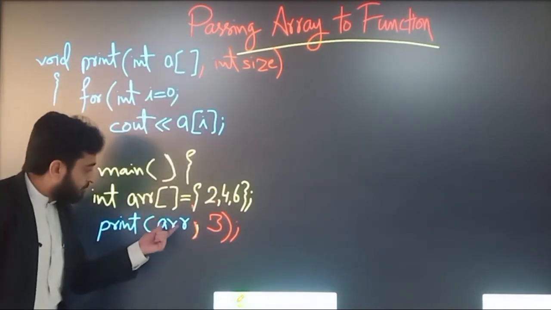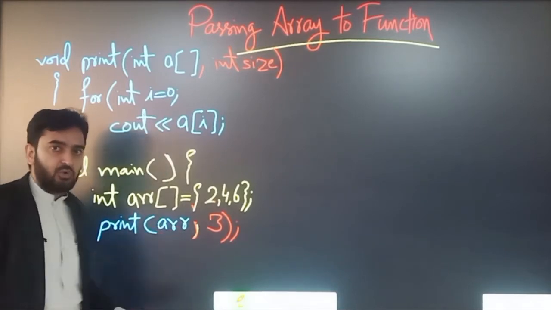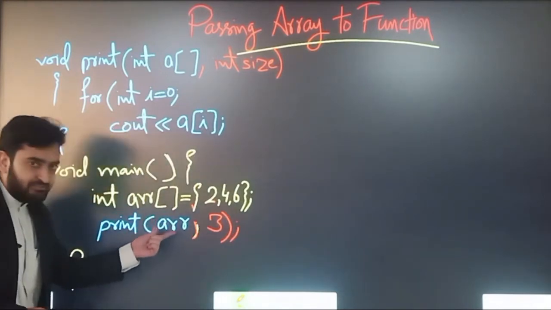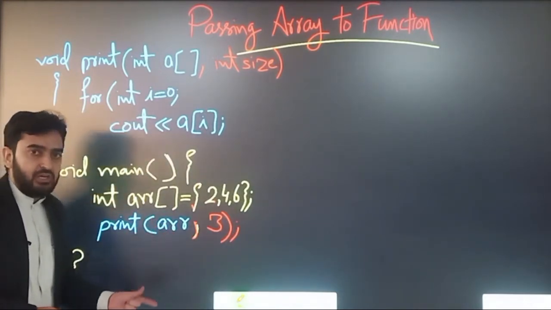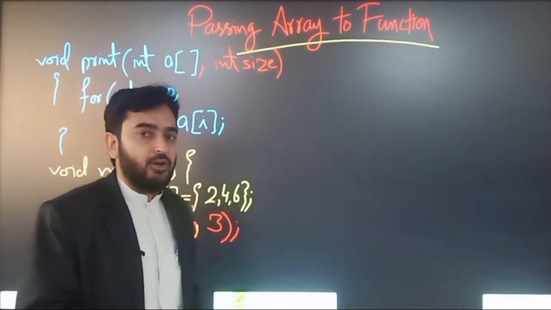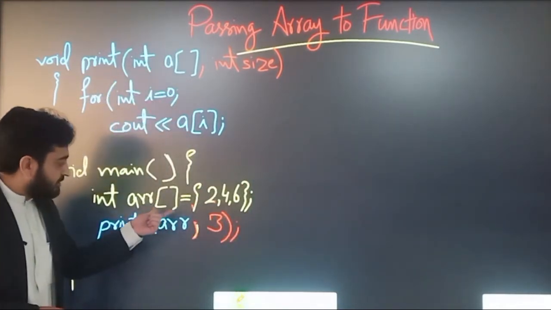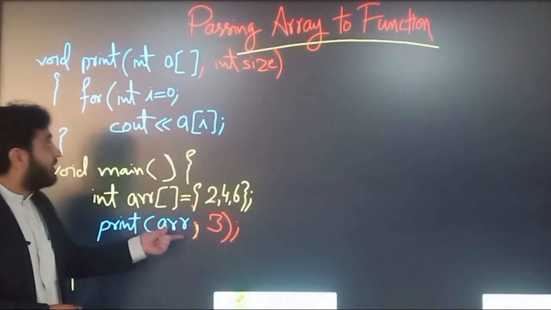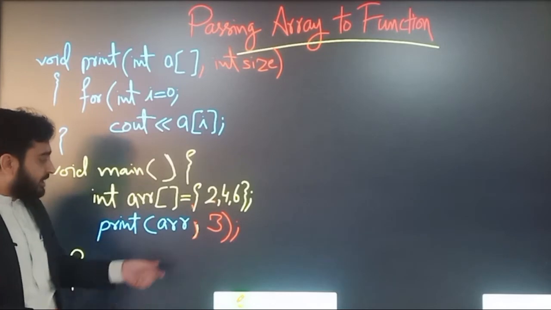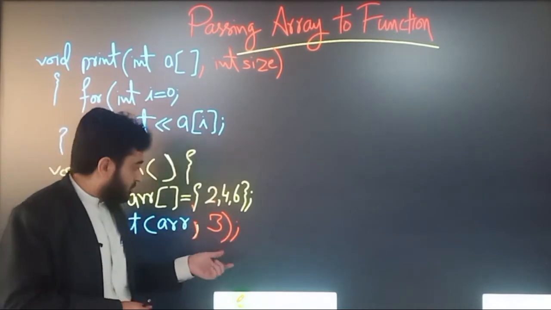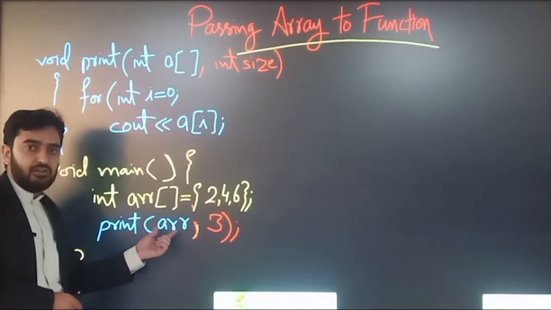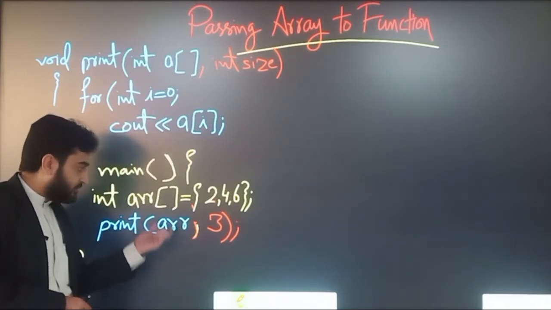Why are we going to declare the size? Because when we pass this arr, as we saw in the previous lecture, mentioning just the name of the array accesses the address of the first element in the array. So we are passing the address of the first element of the array into the function. Therefore we need the size of the array so that we may increment the address that we are passing from here.